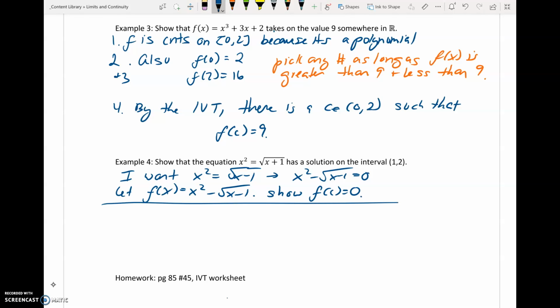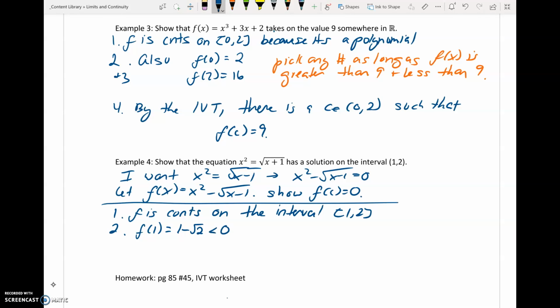Okay, so the first thing I'm going to state is that f is continuous, and you can verify this before you even begin, otherwise this would not be valid. Now we want to find f of 1 and f of 2. f of 1 is 1 minus root 2.